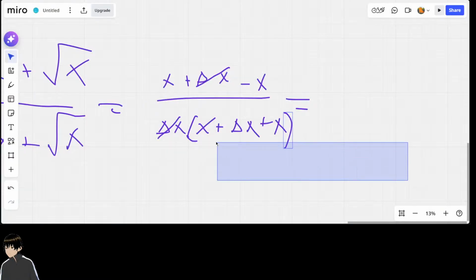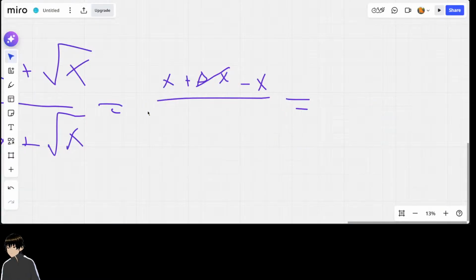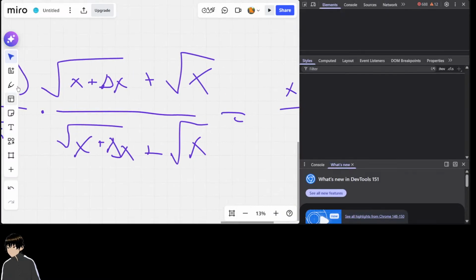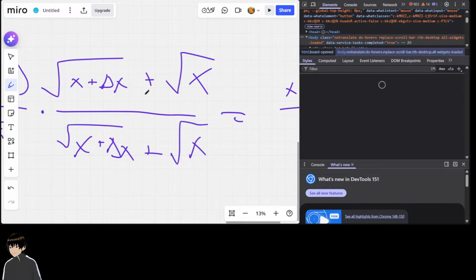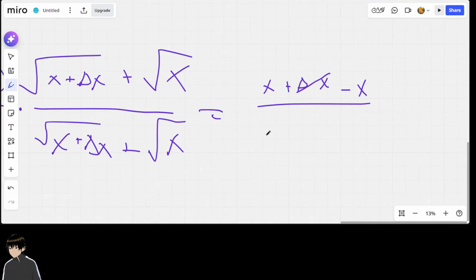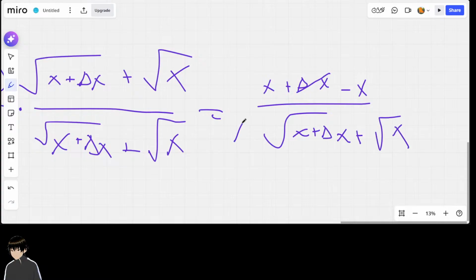So the denominator stays the same. So x plus this plus this. And then you have to divide by x, this thing again.